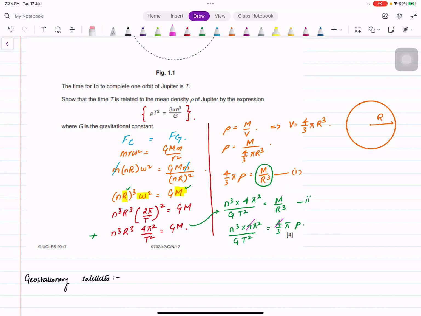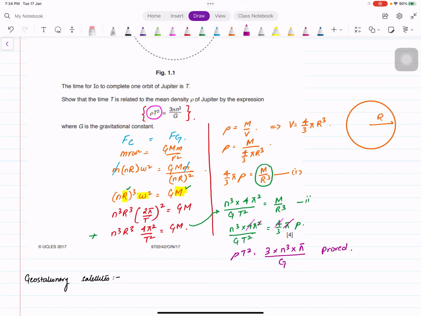Then we make rho T squared the subject, so rho and T squared get multiplied over there. And pi squared also cancels out. So what do you get? 3 times r cubed times pi, and then we can simply divide it by G. And that's when it is proved. Understood?